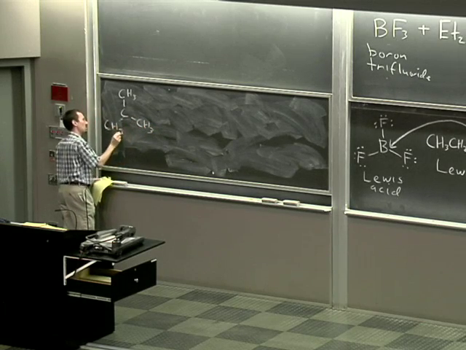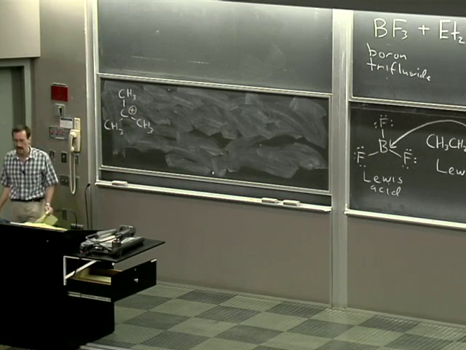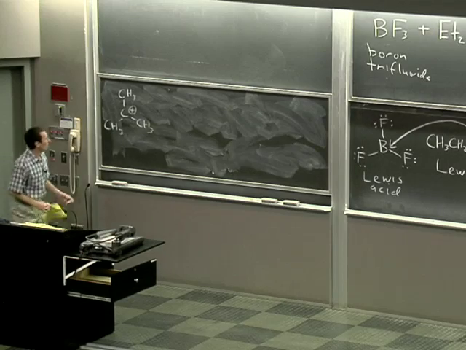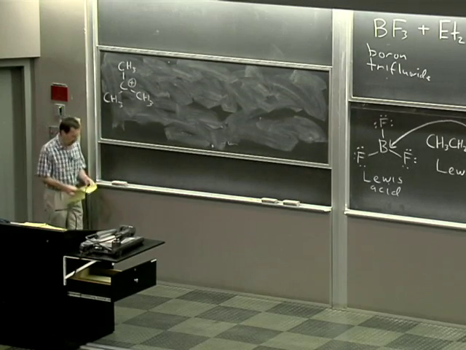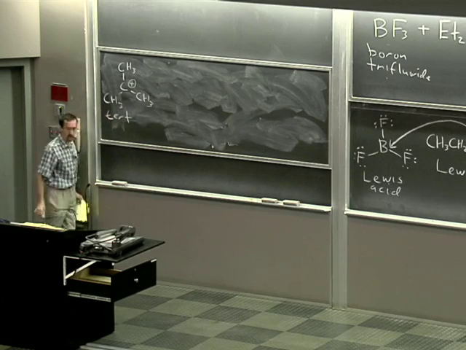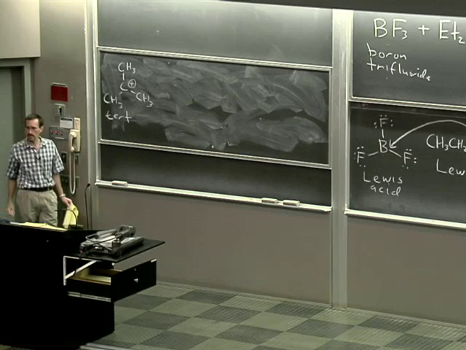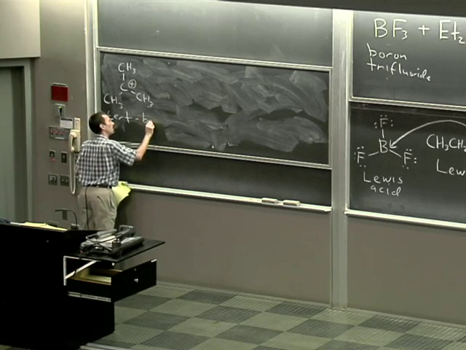This week's discussion section problems feature a tertiary butyl carbocation. I'll write out the name. These names will eventually start to flow off your tongue. Tert is short for tertiary. Sometimes you'll see it written as just T. Butyl.